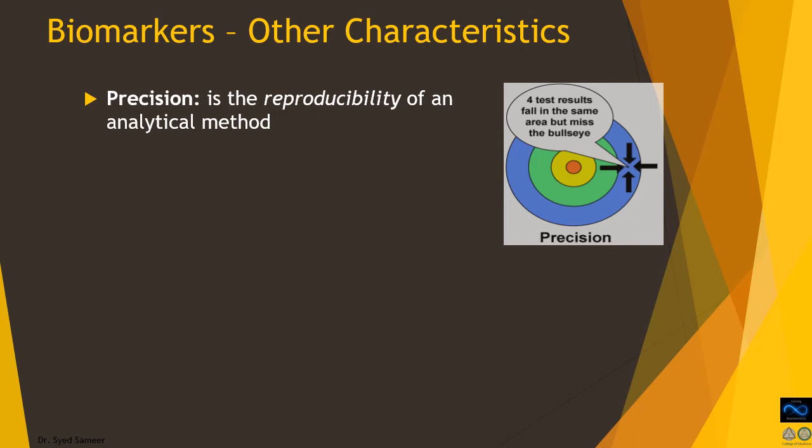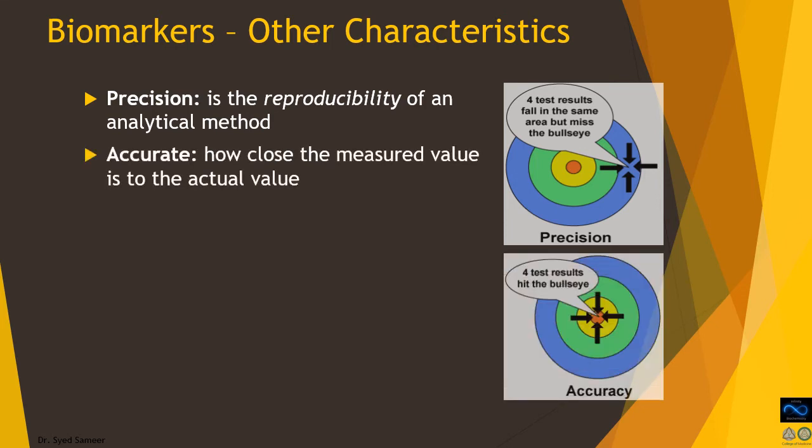So the biomarker which is being used should be able to give similar test results on reproducing it for the same sample, whereas accuracy measures how accurate it is to the actual value, how close it is to the actual value. As you can see the two different concepts in the associated diagram. The precision measures the reproducibility.